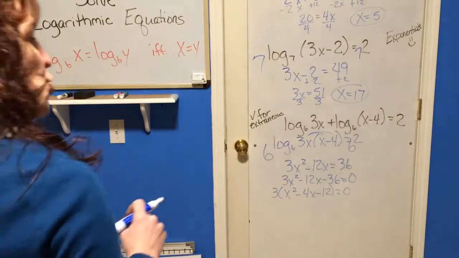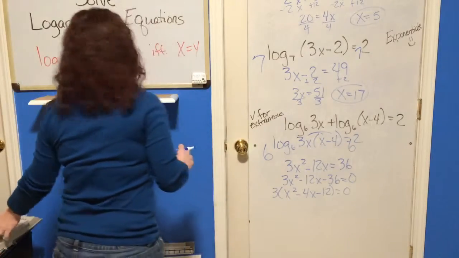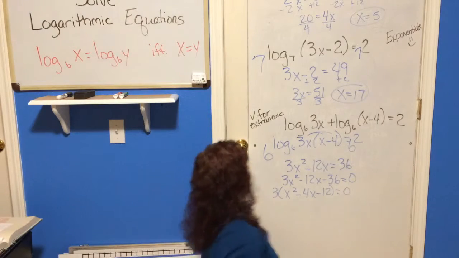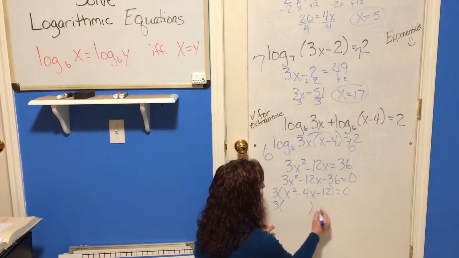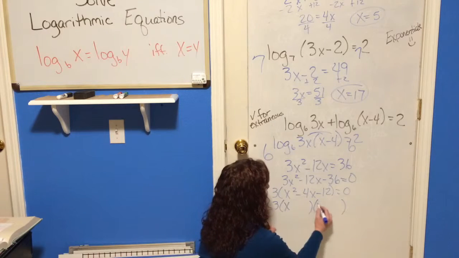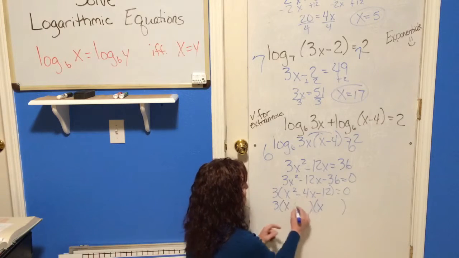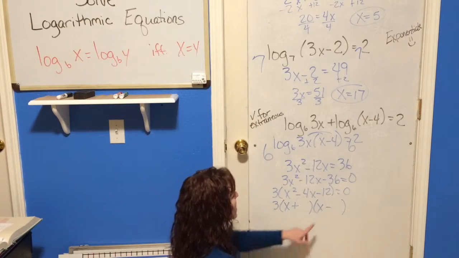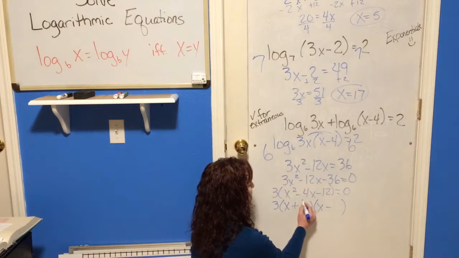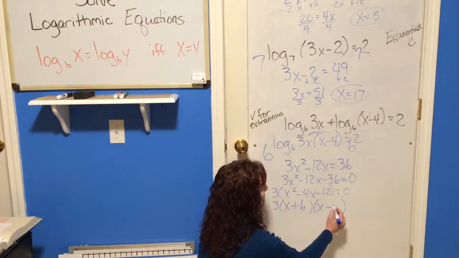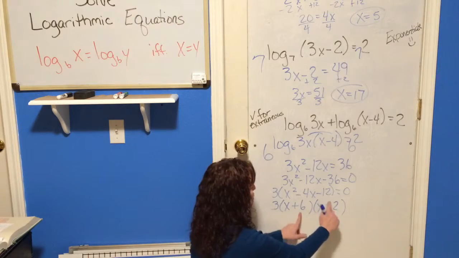Okay, so did you factor this trinomial yet? So keep the 3, and when we factor this, x and x, negative sign, so it's a plus and a minus, and we want to subtract to be 4, so we're going to have 6 and 2. 6 times 2 is 12.